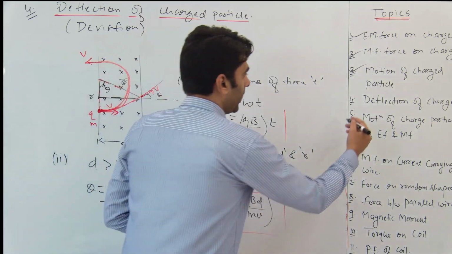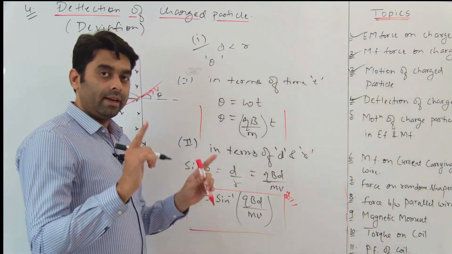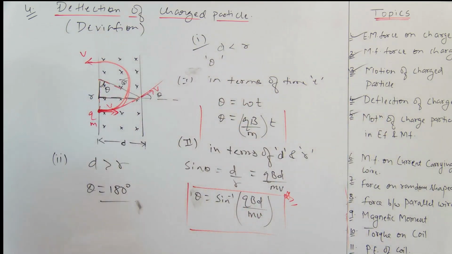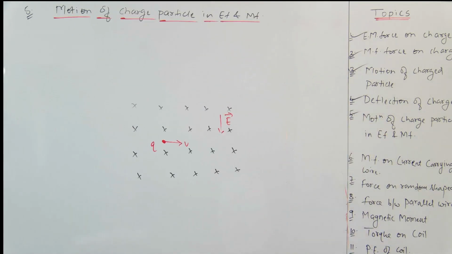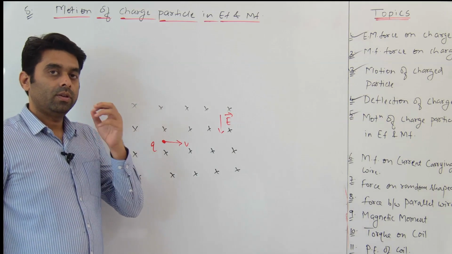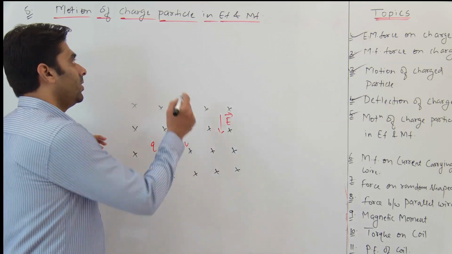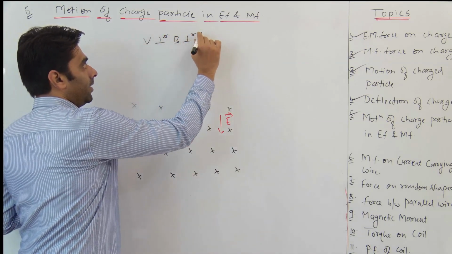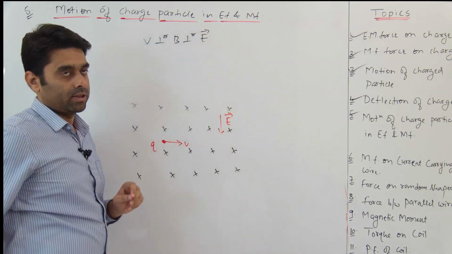Now we will be looking at the motion of a charged particle in electric field and magnetic field combined. Fine. Let's move ahead. Over here we are discussing a specific case when your velocity, magnetic field and electric field are perpendicular to each other, right?